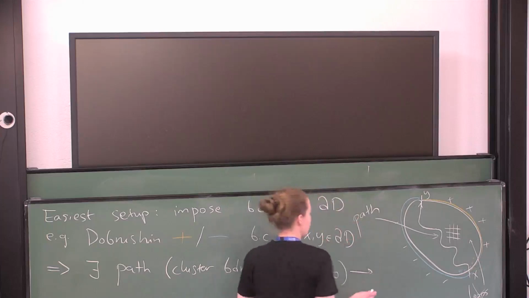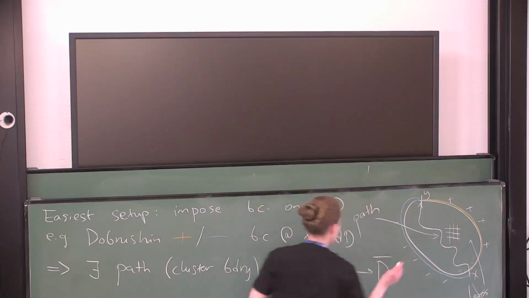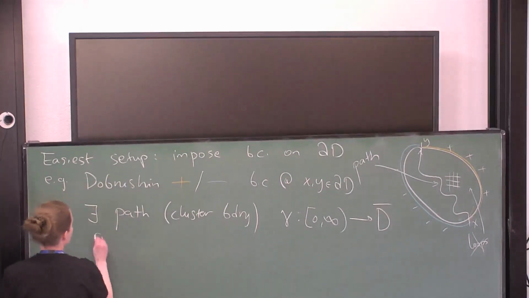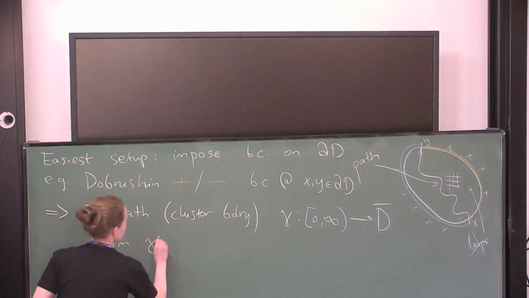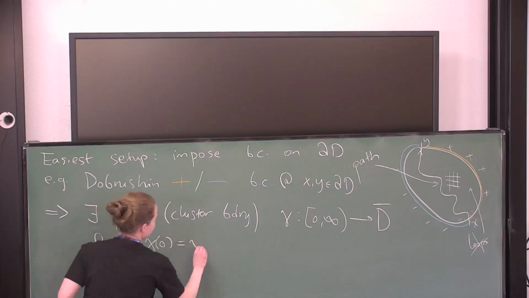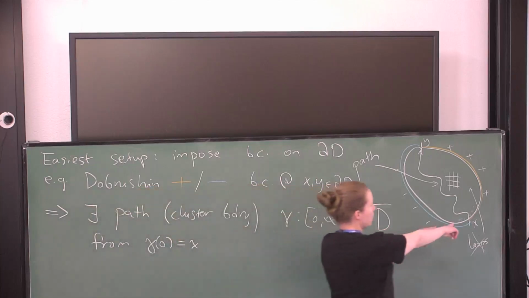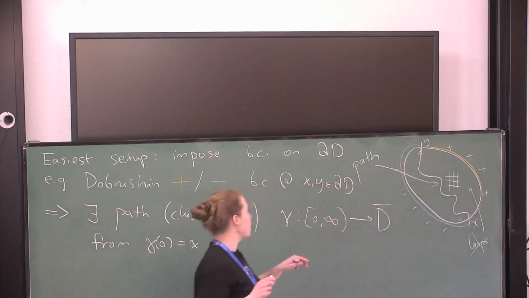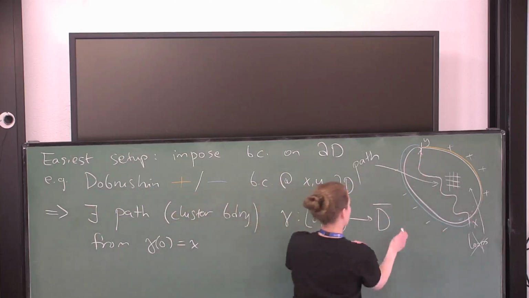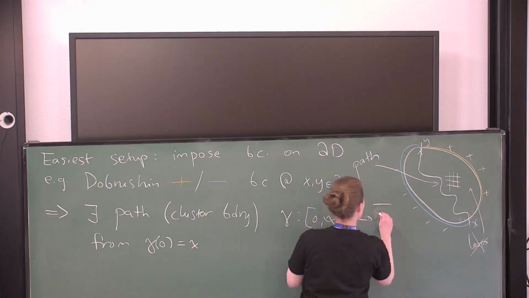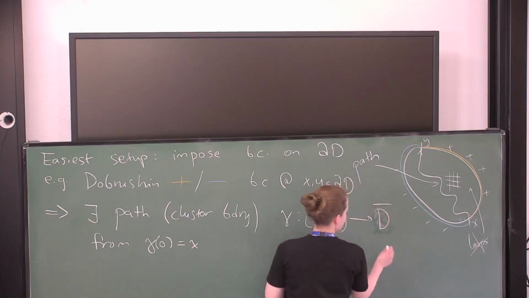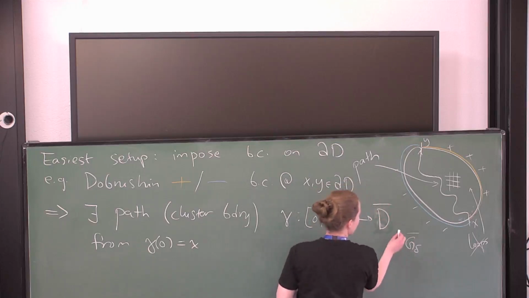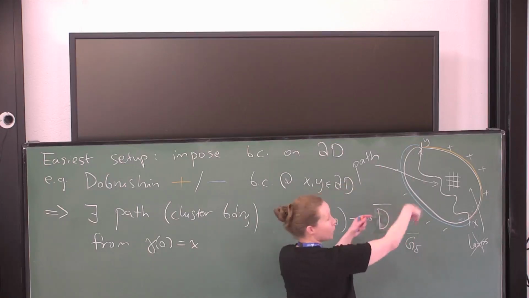I'm using some parameterization that is convenient. So let's say it starts at x, so I start exploring. I discover where my pluses and minuses are. So this is living on G delta, or maybe the closure. I can think about it as a subset of the domain closure.